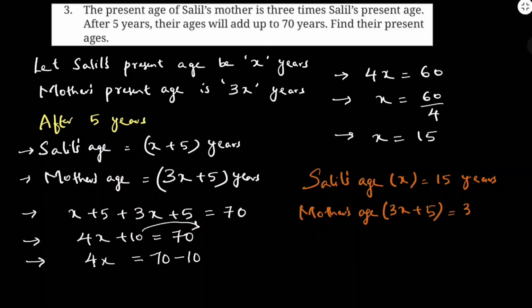Sorry, present age is 3x, just 3x. So 3 into 15, there is nothing but 45. So mother's age is 45 years and Salil's age is 15 years.